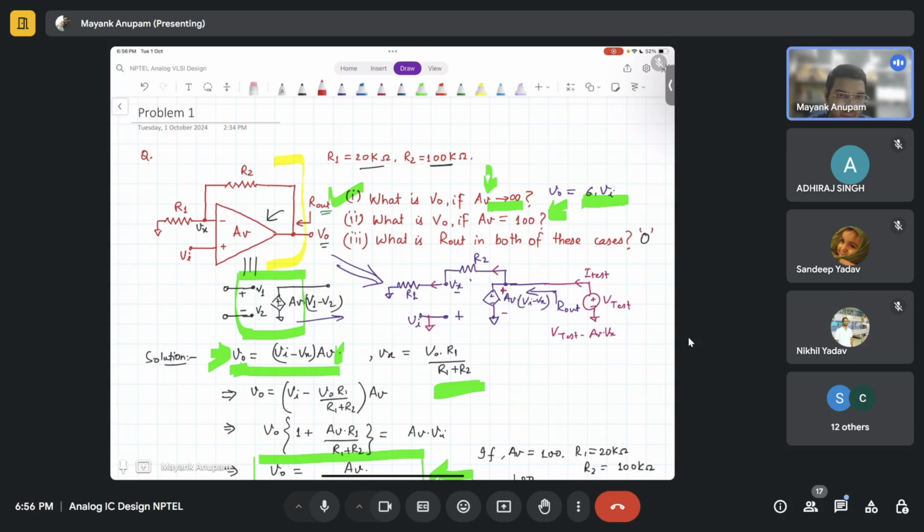So in an ideal or non-ideal op amp, where we implement the op amp using a voltage controlled voltage source, the output resistance is always 0. So this particular block, even if it is non-ideal, still has 0 output resistance, right? This is something you should remember, because the next problem is going to be what happens when this is not an op amp, when this is not a voltage controlled voltage source.